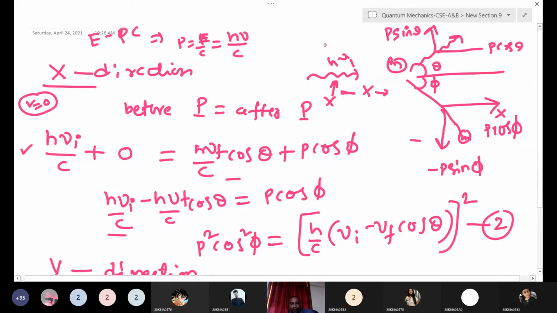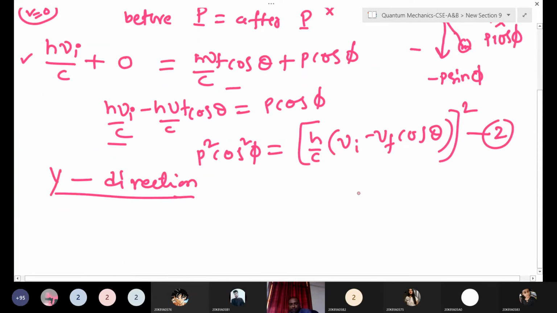We are applying the conservation law along the y direction, and there is no photon moving along the y direction before collision. That's why photon momentum is 0 before collision.